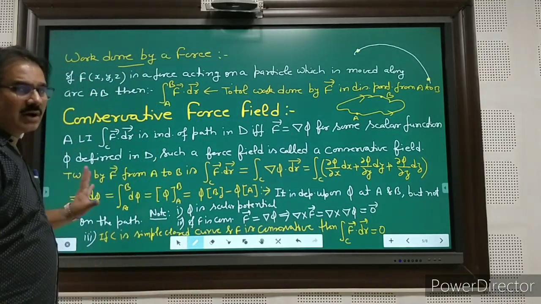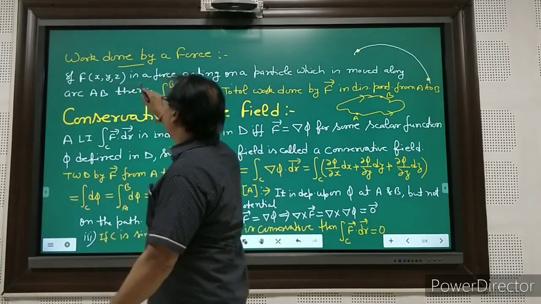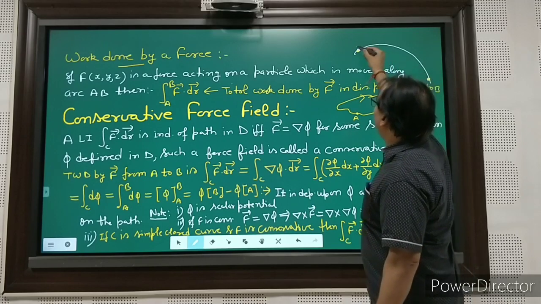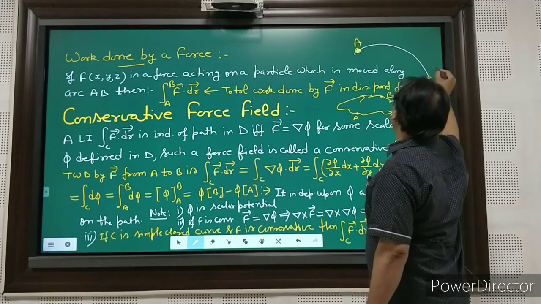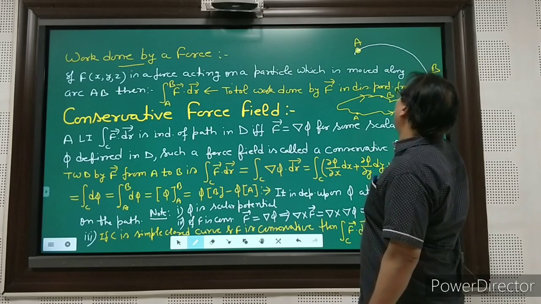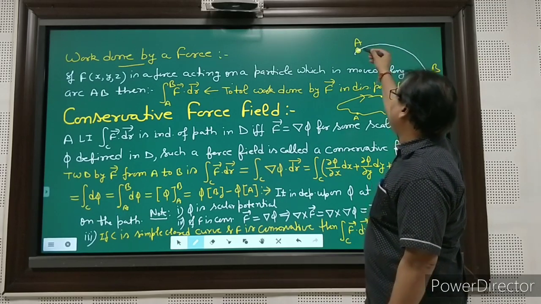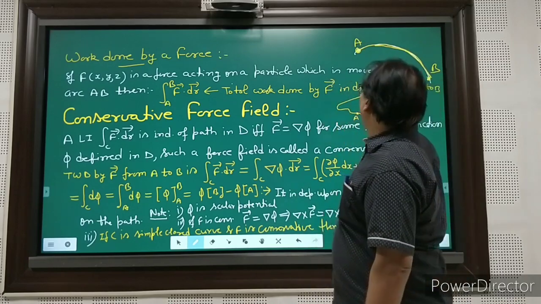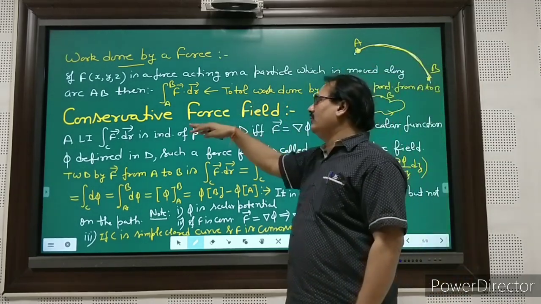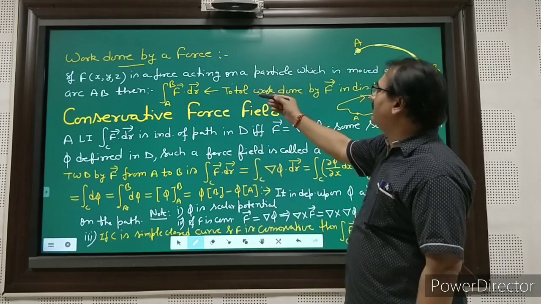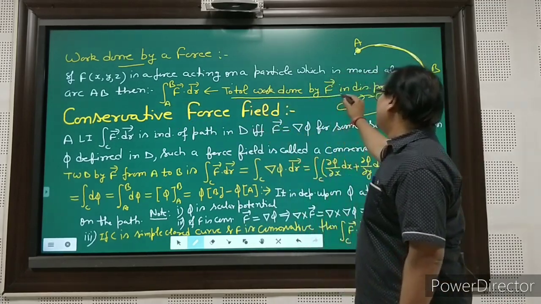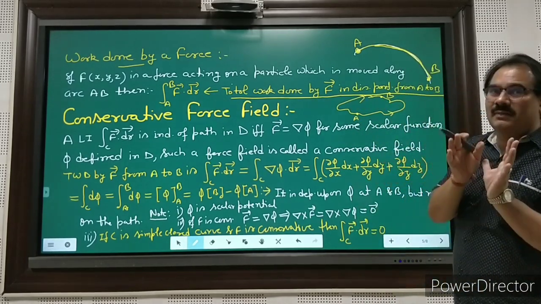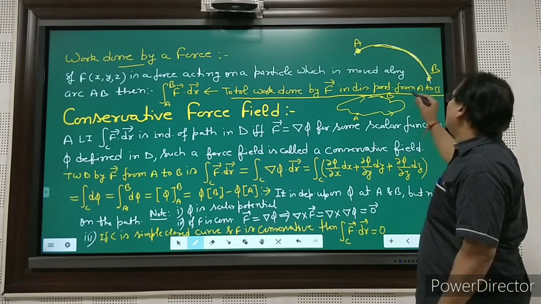So let us look at what the work done by a force is. If F(x, y, z) is a force acting on a particle which is moved along, let us suppose, the arc AB, and the particle is moving from A to B or B to A. Then the integral from A to B of F dot dr is equal to the total work done by vector F in displacing the particle from A to B.